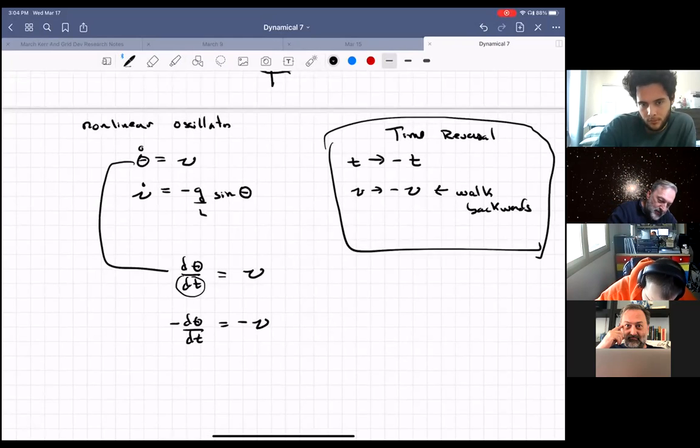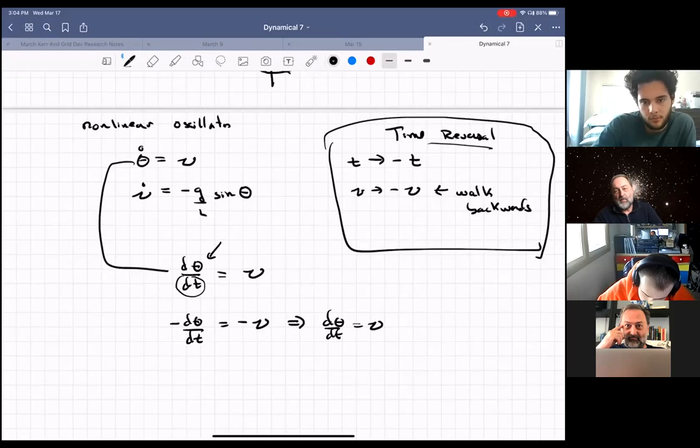So when I do time reversal, I take the original formula and put a minus sign next to every t and every nu, and this is the same as d theta dt is equal to nu. I didn't change the equation by putting a minus sign in front of both t and nu. That's the way to think about it. So for time reversal symmetry, you put a minus sign in front of every t and every velocity. This first equation shows time reversal symmetry.